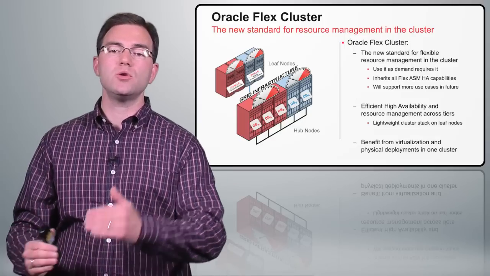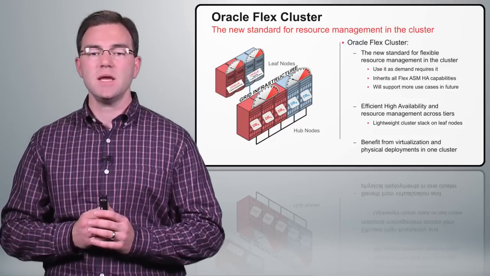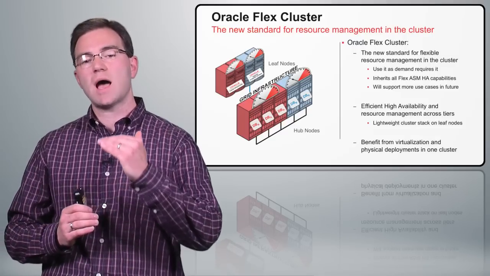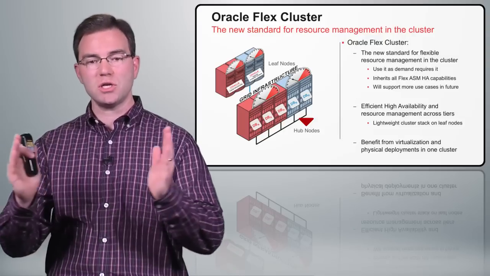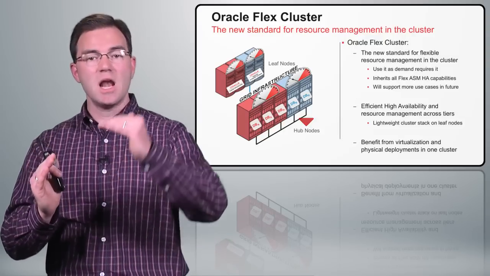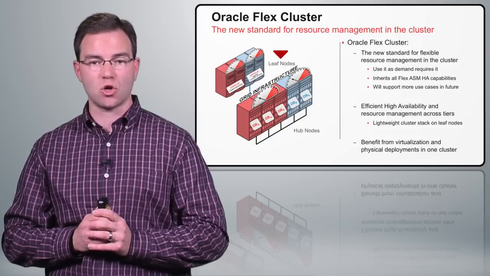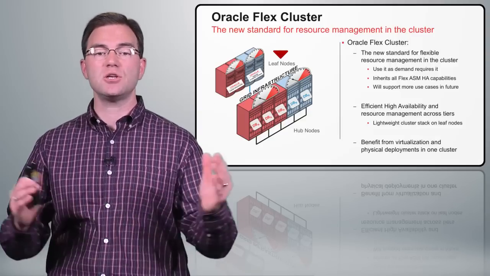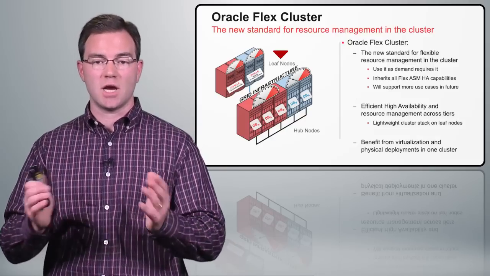Now, why would we use Flex Cluster over a standard cluster? The benefits here is that we use hub nodes and leaf nodes. Hub nodes would host your traditional databases and are connected directly to shared storage. Leaf nodes do not have the requirement to be connected to shared storage. Instead, they can just have their local storage and do not even need access to shared disk.